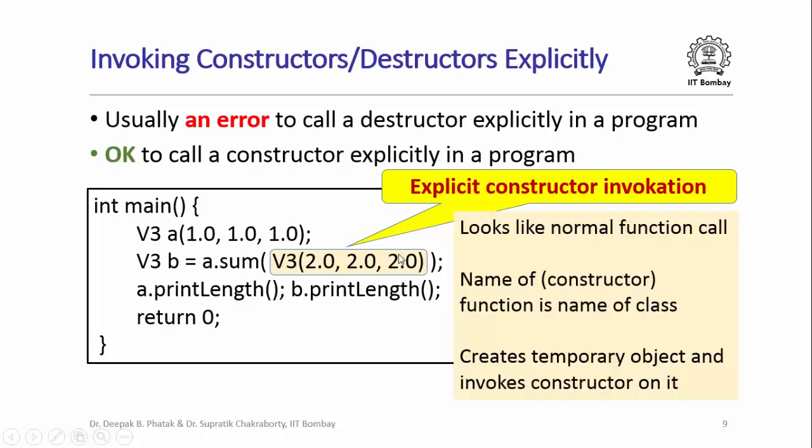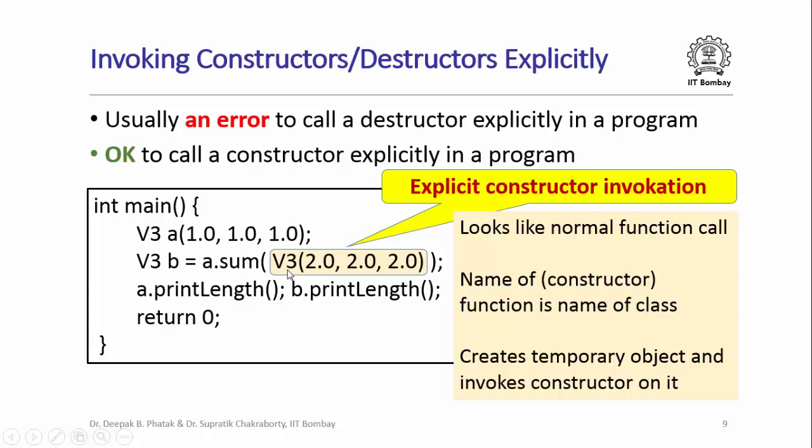So if you look at this explicit constructor invocation over here, this looks just like any other normal function call. I have a function name and I have the values of the parameters. However, in this case, the name of the function is actually the name of the constructor function.